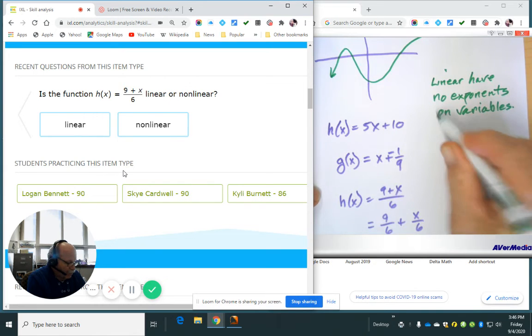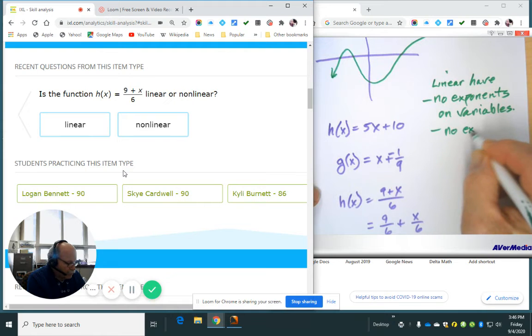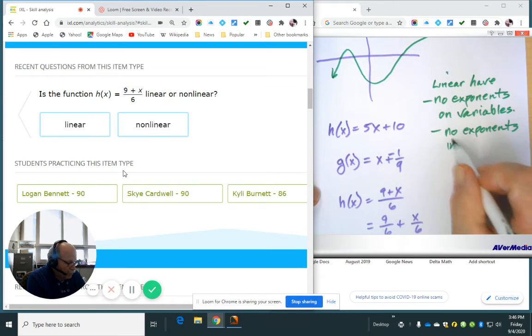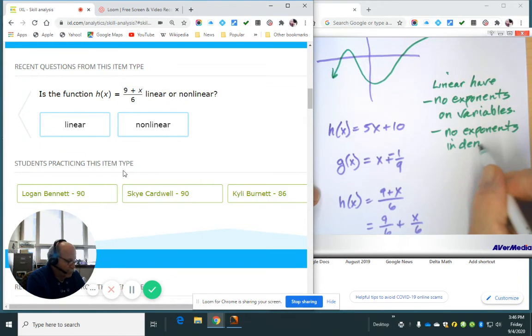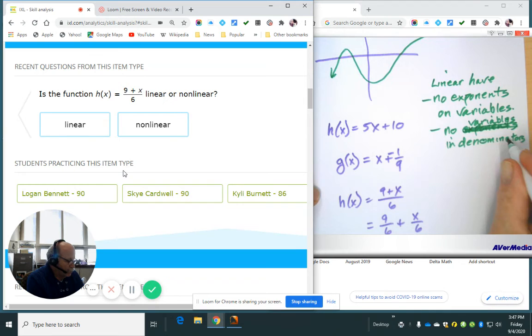They have no exponents, I'm sorry, let's go with variables. No variables in denominators.